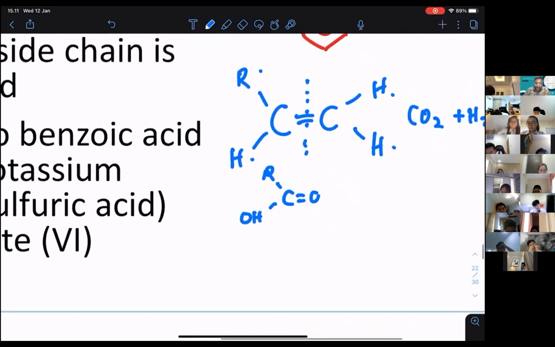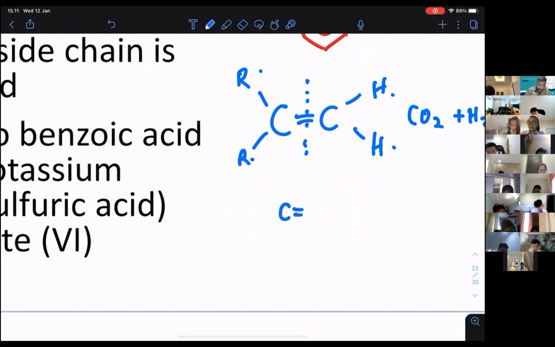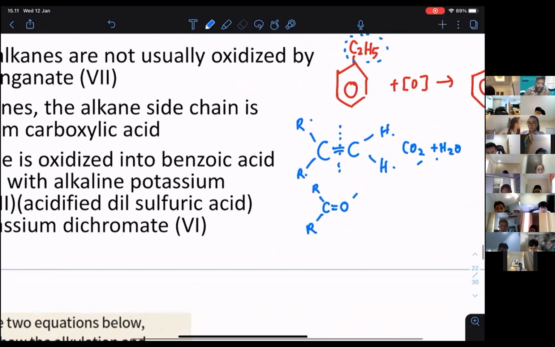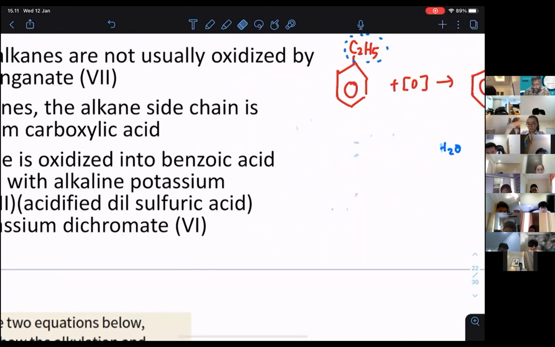If the side chain is going to be 2 R groups, then it's easier: C double bond O with R and R over there, a ketone will be given. So you join this one and this one. I'm just trying to recall the oxidation of alkene with you.